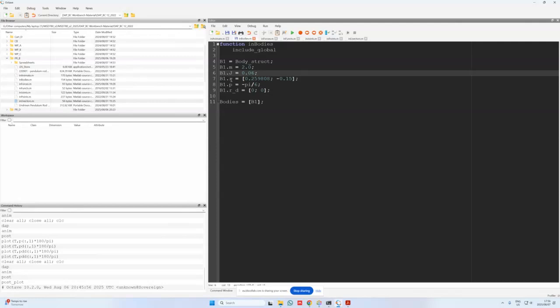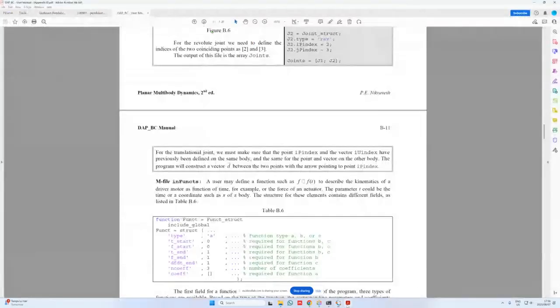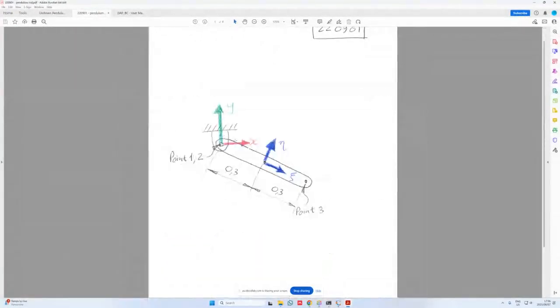Then B1.r is the next property that I have to define. And this is essentially the location of the center of mass of body 1. Now, if I go back to the pendulum rod that I have over here, I know I'm working with -30 degrees. I know the rod length is 0.6 meters, so I can use that and trigonometrically find the location of the center of mass.